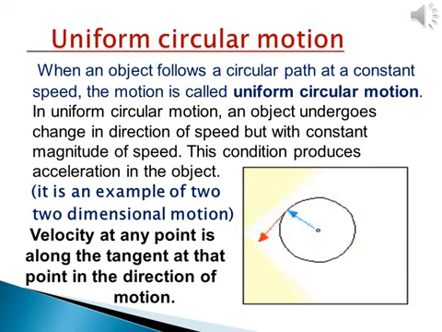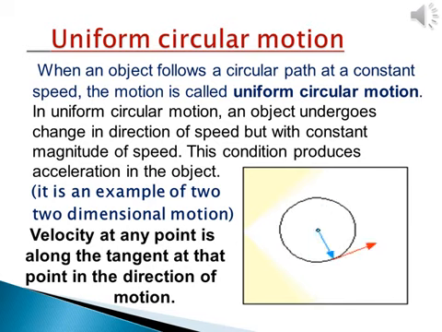You should know that the velocity of a body executing uniform circular motion at any point on its path should be along the tangent at that point in the direction of its motion. How can we justify this statement?